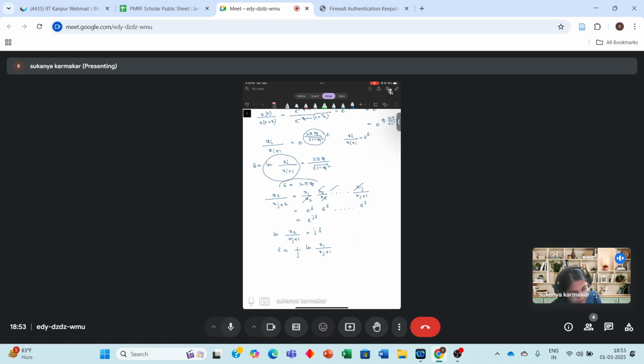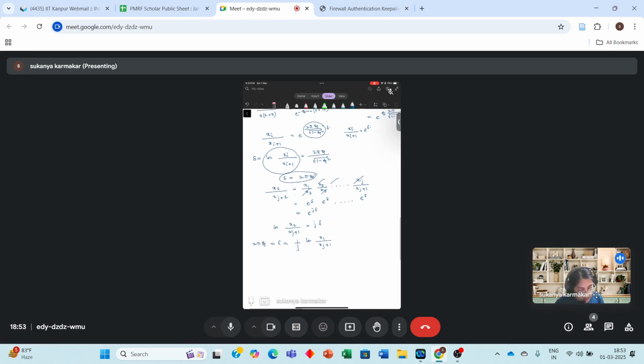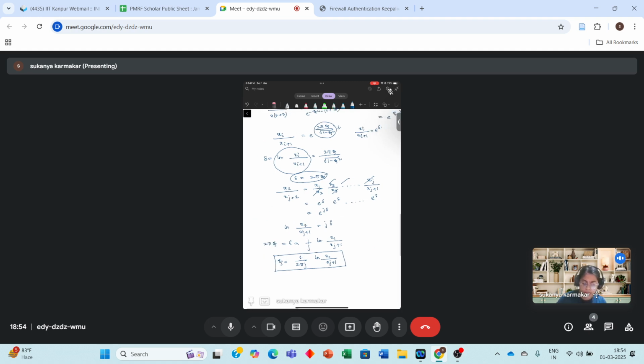And from here we know that delta is 2 pi into zeta. So this is equal to 2 pi zeta. And from here I get an expression for damping, that is zeta is equal to 1 by 2 pi j ln of x1 by x(j plus 1). So this is the final expression which is used in problems. One problem was also discussed in this week's lecture. So is the doubt clear?